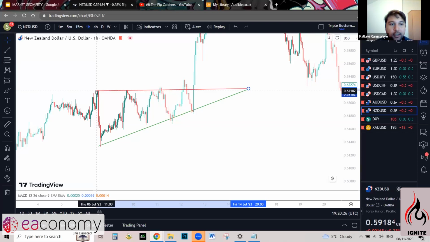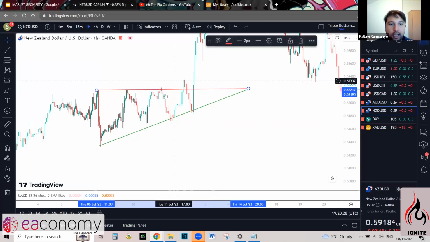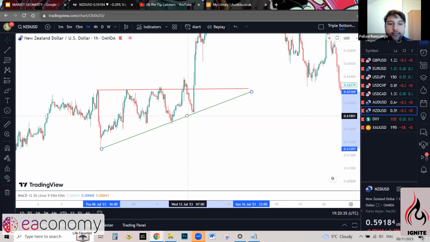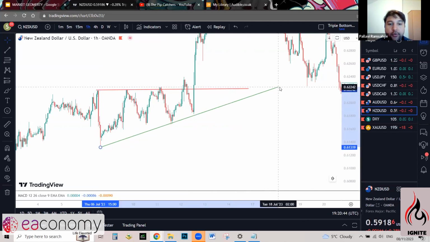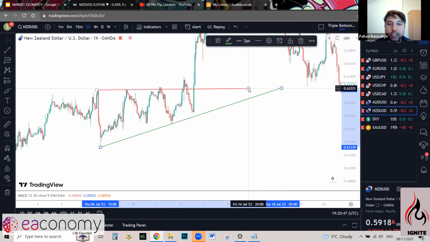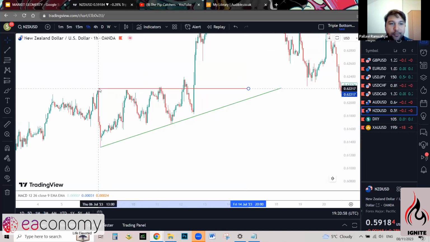I thought I would use this as a good example of what not to look for, because I've noticed a lot of us do cut corners when we're looking for these patterns, and it comes to that point I was making before, where we want that pattern to be a thing just so we can enter a trade and potentially make some money.